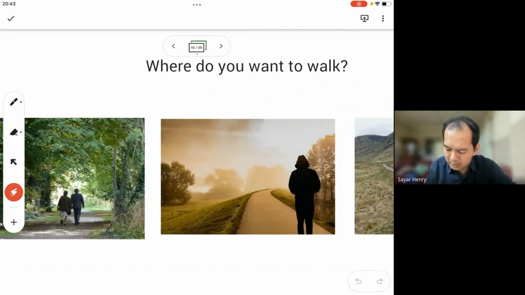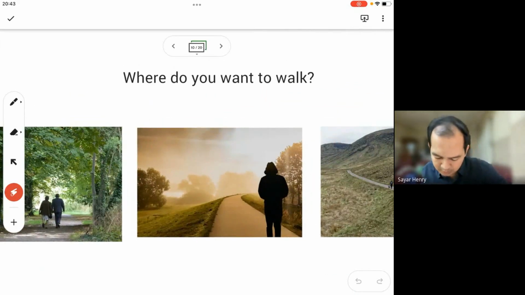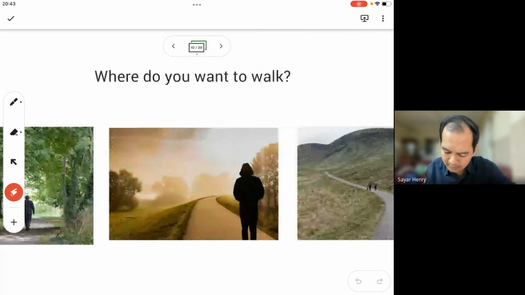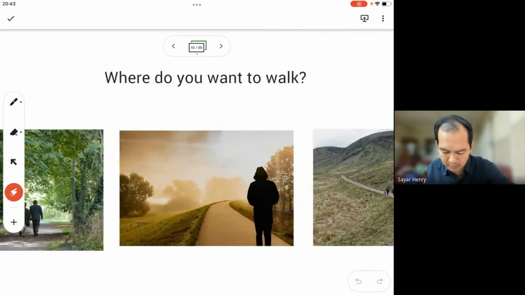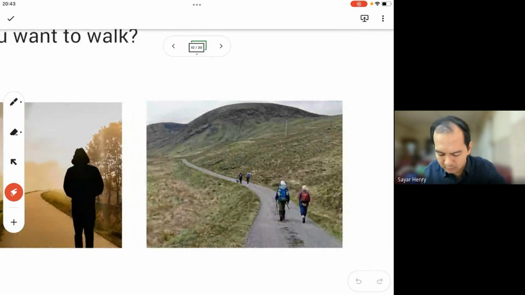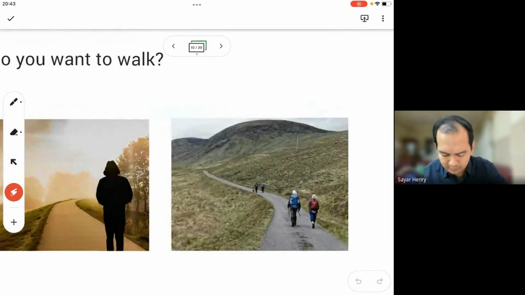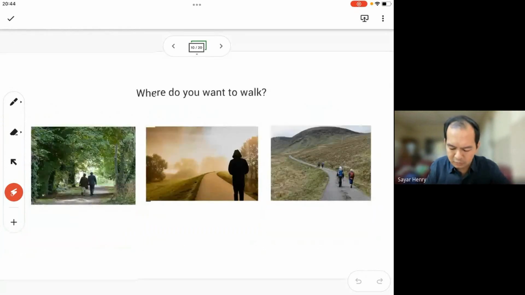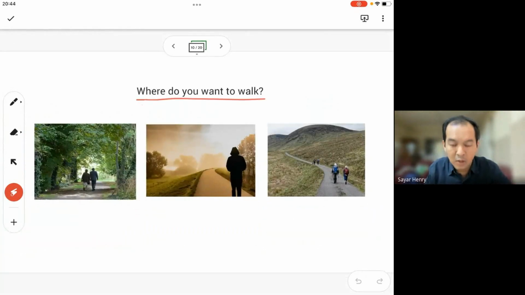The next one looks a little bit cinematic. The guy with a hoodie is walking alone, and you can see the misty surrounding, right? And another one seems like they are doing some kind of trekking, and it's a very plain area with large hills. So if you have to choose, where do you want to walk?